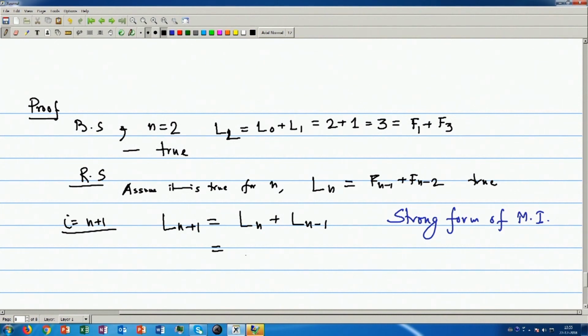For L n it is f n minus 1 plus f n plus 1, and for L n minus 1 it is f n minus 2 plus f n.